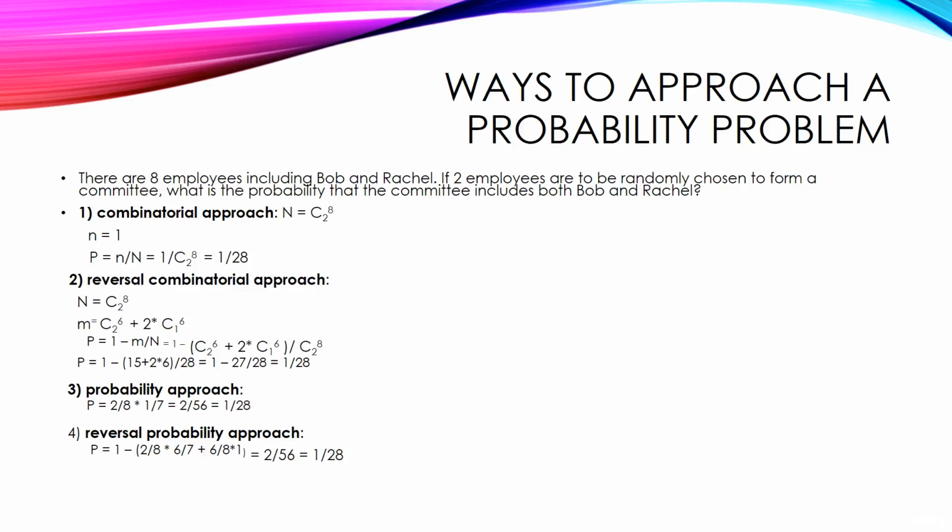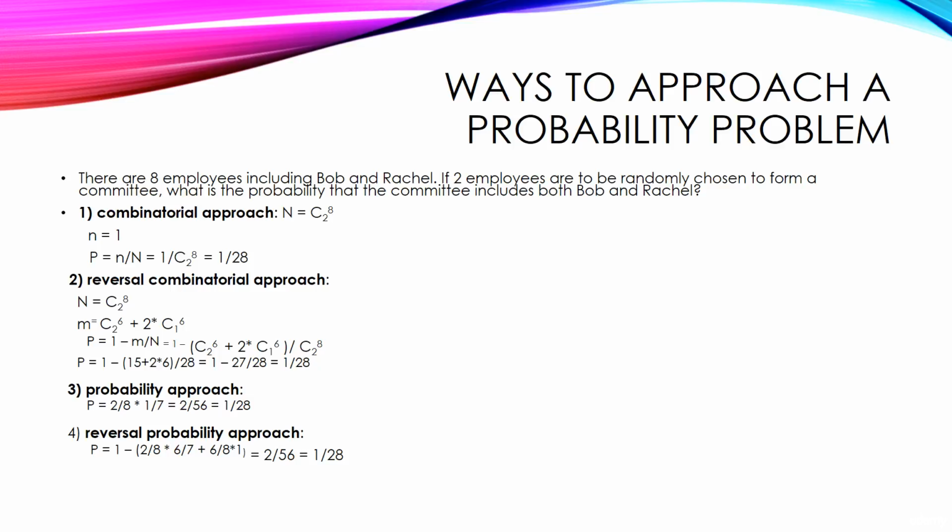The number of possible committees that do not include both Bob and Rachel is m is equal to 6C2 plus 2 times 6C1, where 6C2 is the number of committees formed from 6 other people, and 2 times 6C1 is the number of committees formed from Bob or Rachel and 1 out of 6 other people.